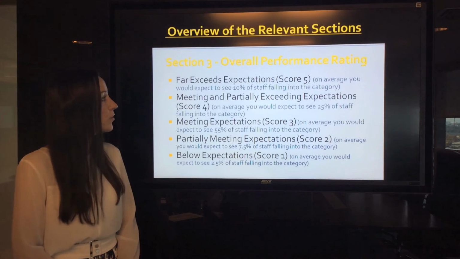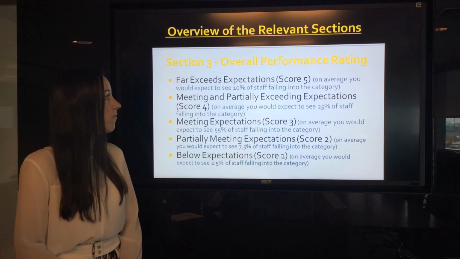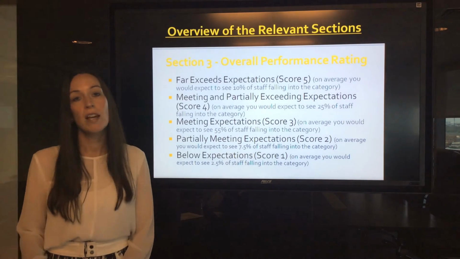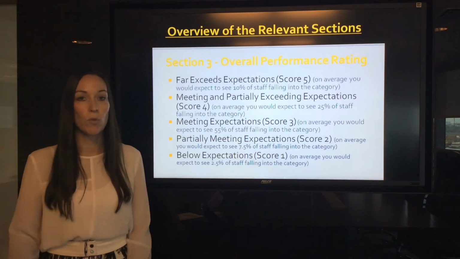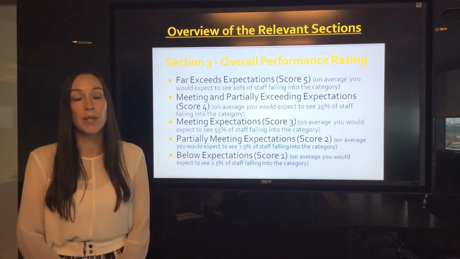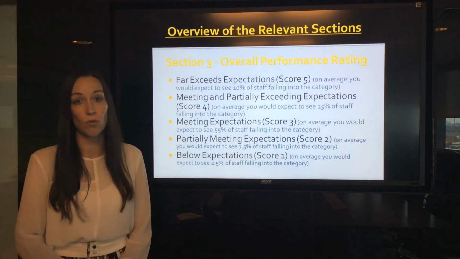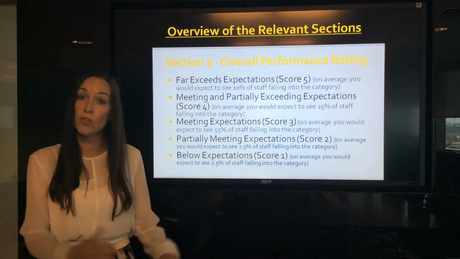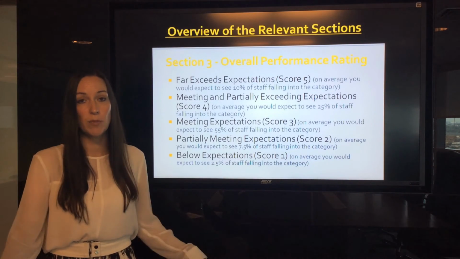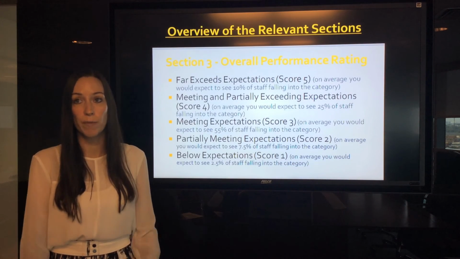Okay? So you can see here that a score of 5 far exceeds expectation, and on average you would really only see that 10% of the workforce would actually be qualified as a score 5, okay, and have displayed that throughout the course of the year. So not just the course of a few months, it's consistently performing it over the course of the 12 months.